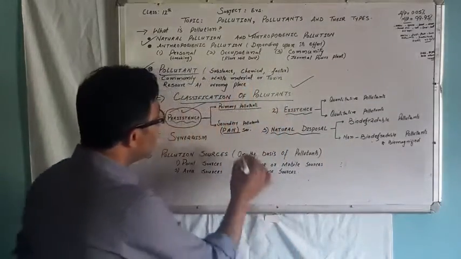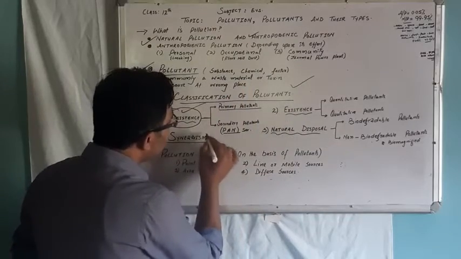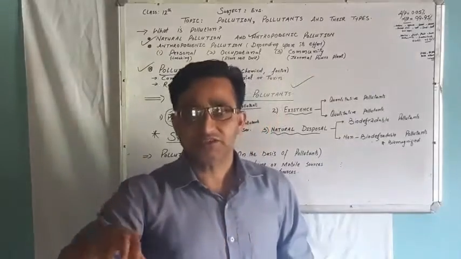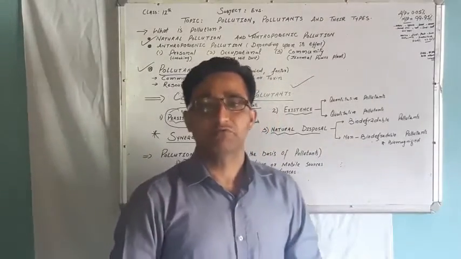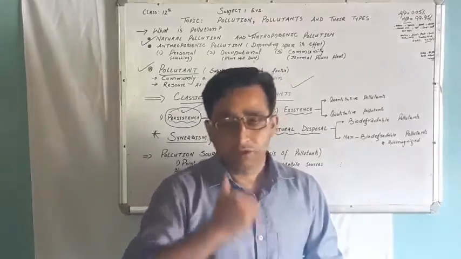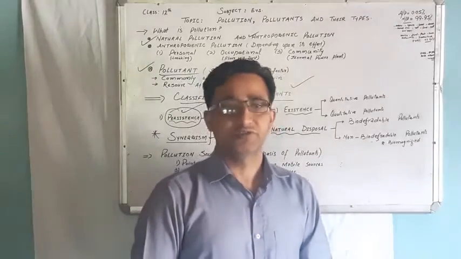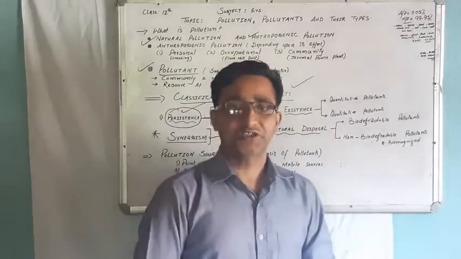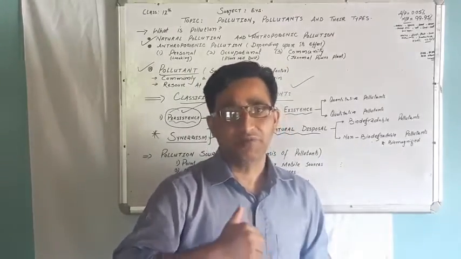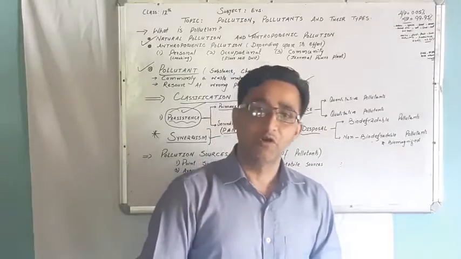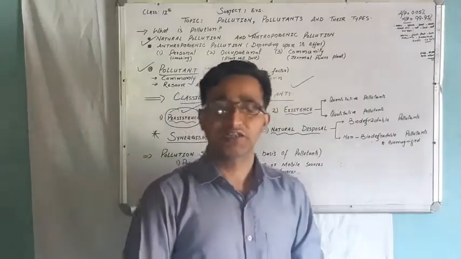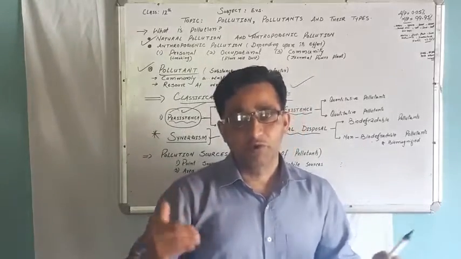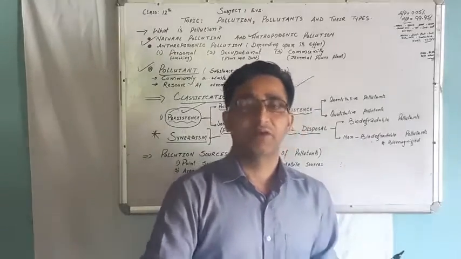लेकिन there is a special type of phenomenon observed in the case of these secondary pollutants. देखो क्या होता है, it has been observed that the toxicity of secondary pollutants is more as compared to that of the primary pollutants. यानी कि secondary pollutants are more toxic than the primary pollutants.